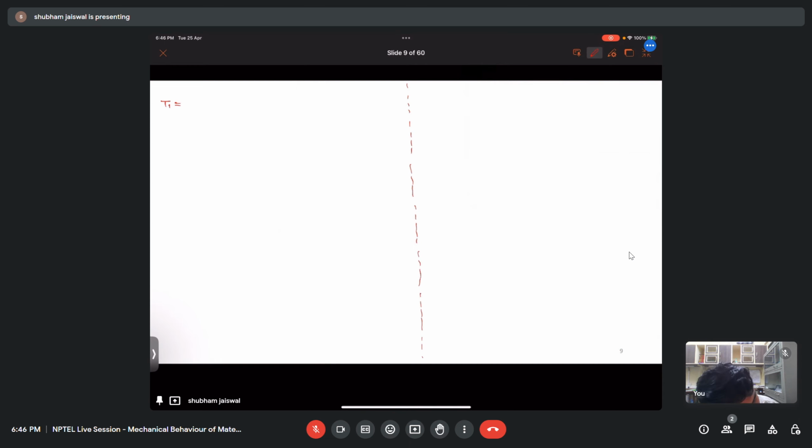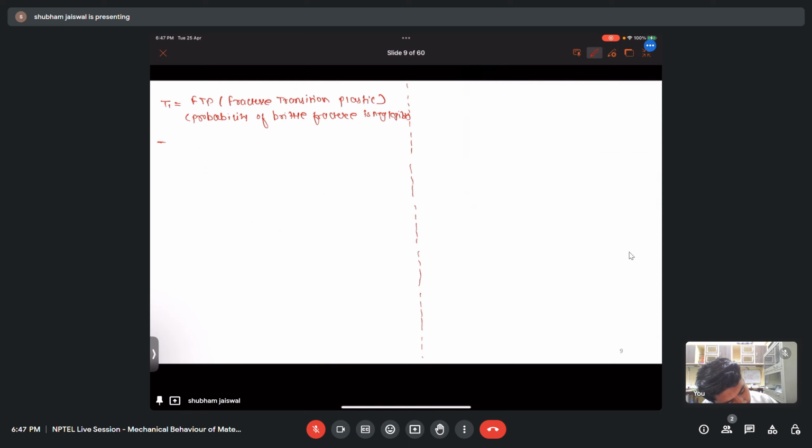T1 is FTP, or fracture transition plastic, or in other words we can say that the probability of brittle fracture is negligible.